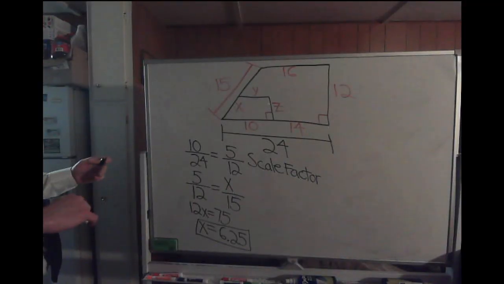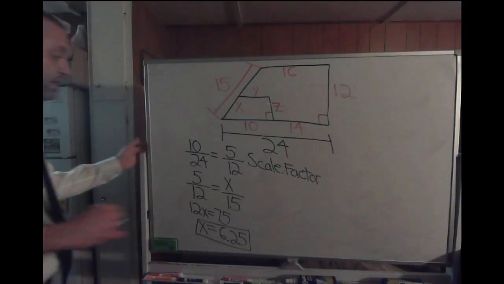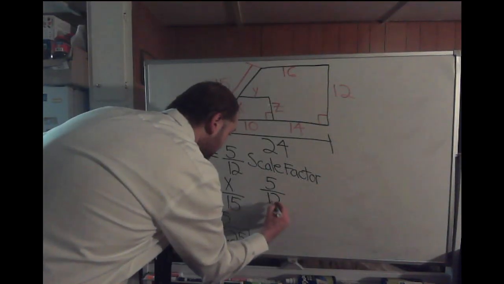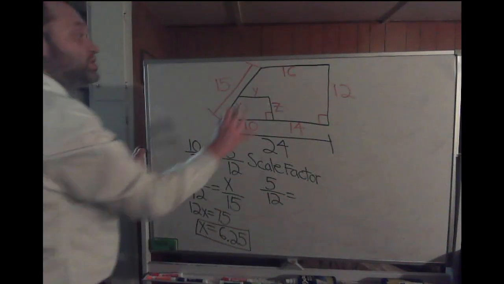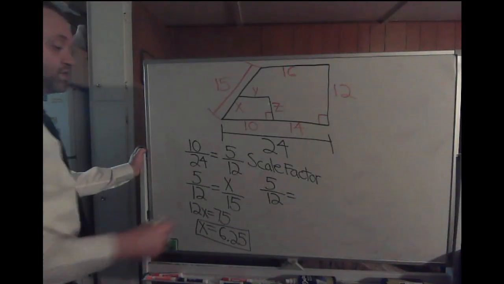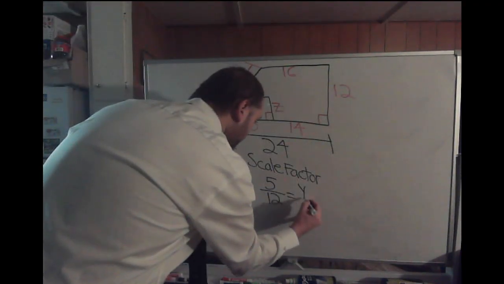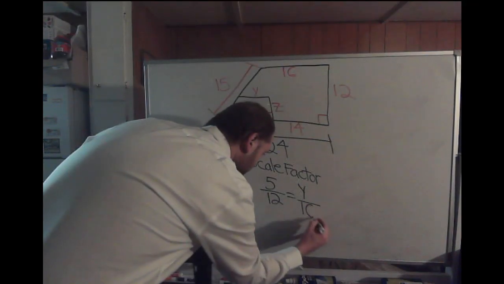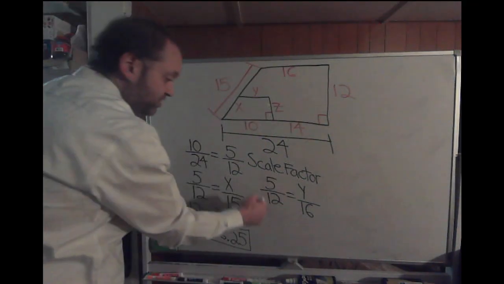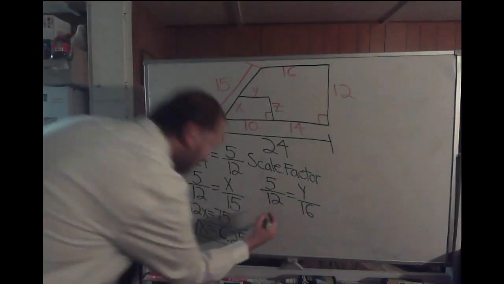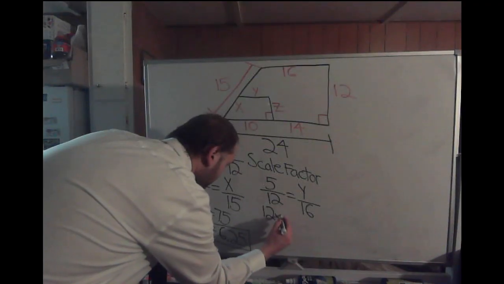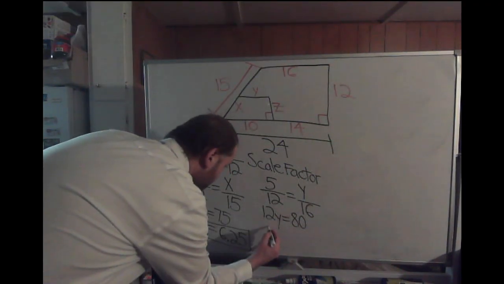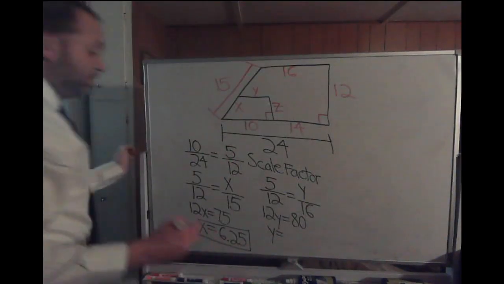Now let's find the value of y. Again, you have the scale factor 5 to 12 for the small quadrilateral to the whole entire thing. So you're going to set y in the numerator to the value of the top base of the whole thing, which would be 16. So you have 5 to 12 is equal to y to 16. This means 12y equals 80, which would mean y is equal to 80 over 12.